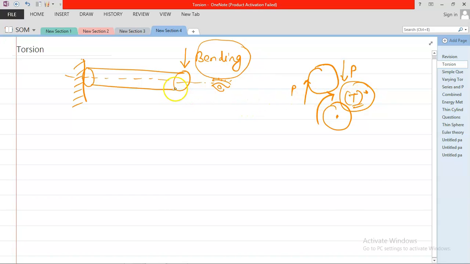You can say it is like when you are untightening a box. Suppose you have a candy box and you are applying force with your finger on the lid. That is the torsion, and the equal and opposite tangential forces create a couple, and that is called the torque or torsion.